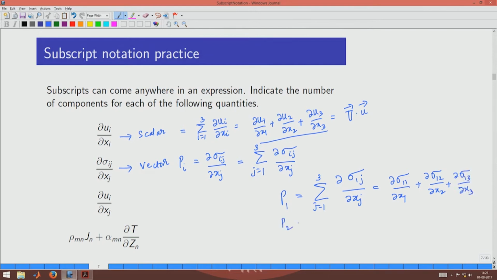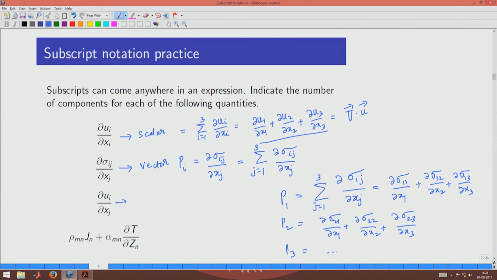Similarly, we could write for p2, which will be ∂σ21/∂x1 plus ∂σ22/∂x2 plus ∂σ23/∂x3, and so on for p3. So, you could see that the vector p can be written in a very succinct form in this manner by using the indices both in the numerator and denominator here.